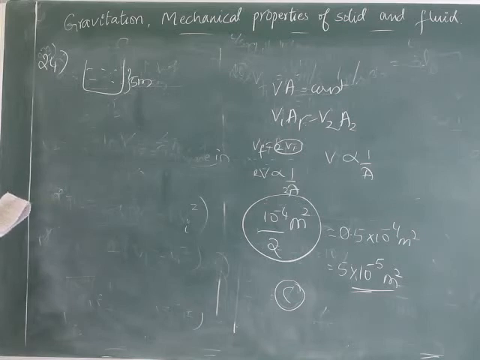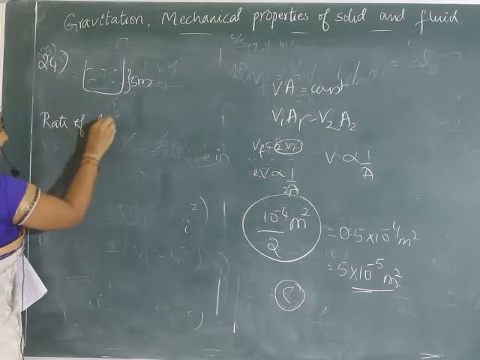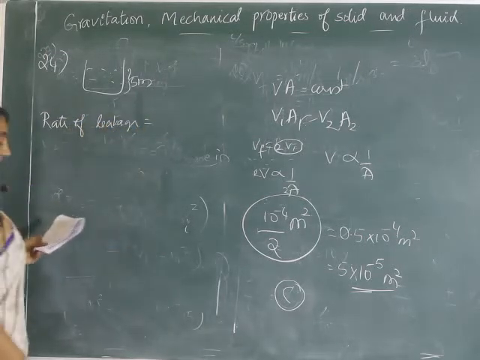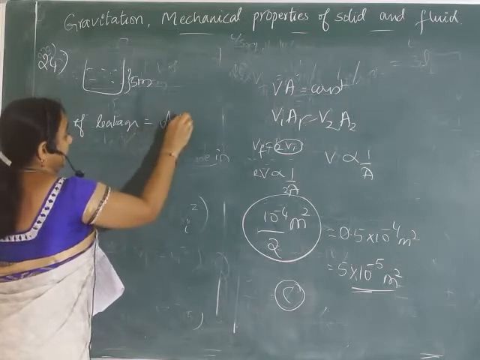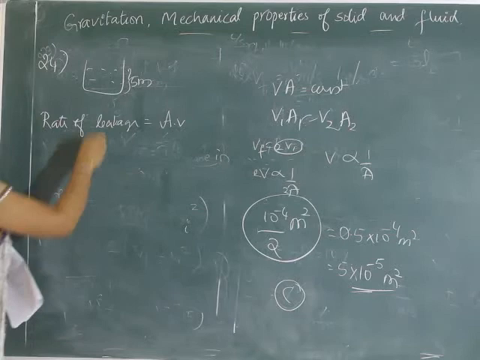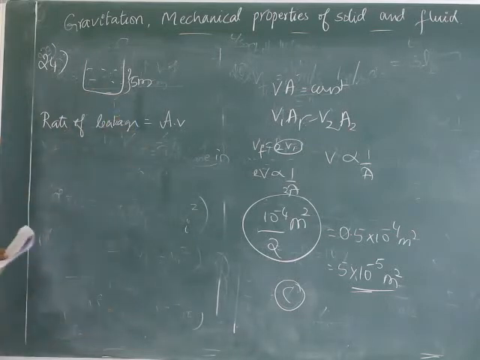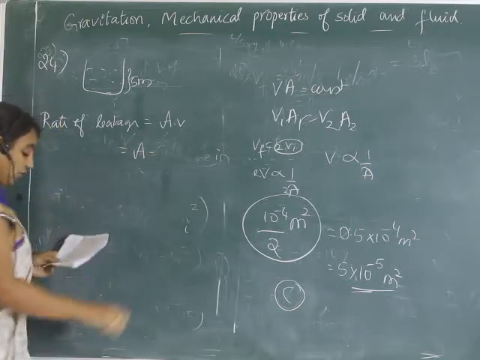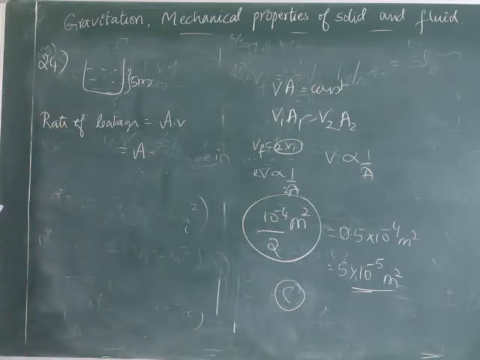Rate of leakage is equal to AV, area into velocity, correct? The small area with the velocity at which it moves is nothing but rate of leakage.